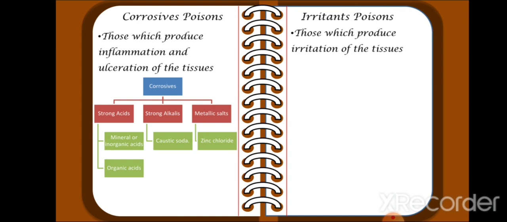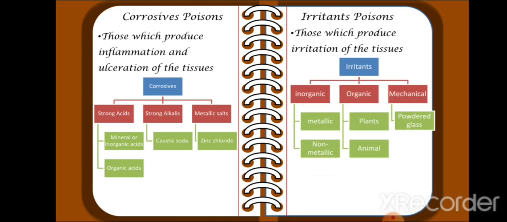Moving on to the next, irritant poison. Those poisons which produce irritation of the tissue are known as irritant poison. They are also further classified into three: inorganic, organic, and mechanical. Inorganic consists of metallic and non-metallic. An example of metallic is iron poisoning, since iron is a metal.